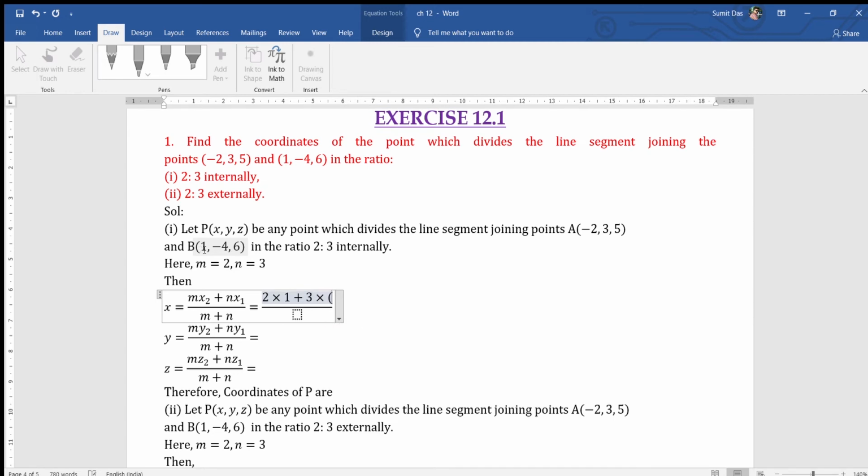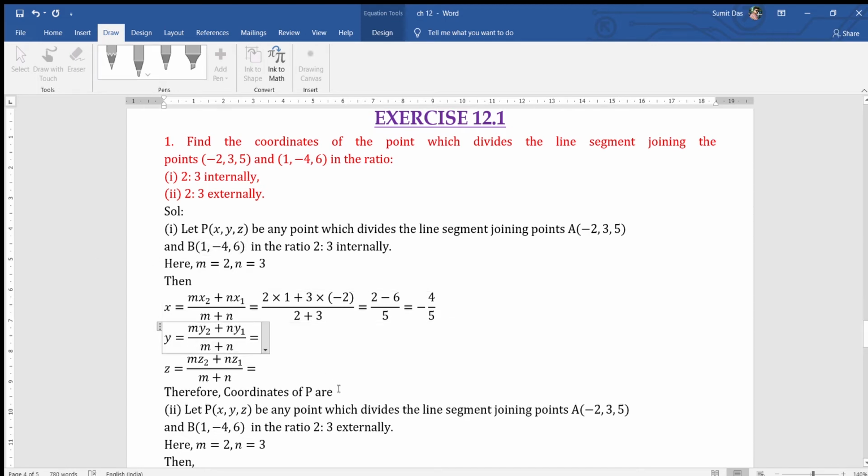X1 is minus 2, divided by m plus n, 2 plus 3. If you do the calculation, the denominator is 5, the numerator will be 2 minus 6. So the answer will be minus 4 by 5.